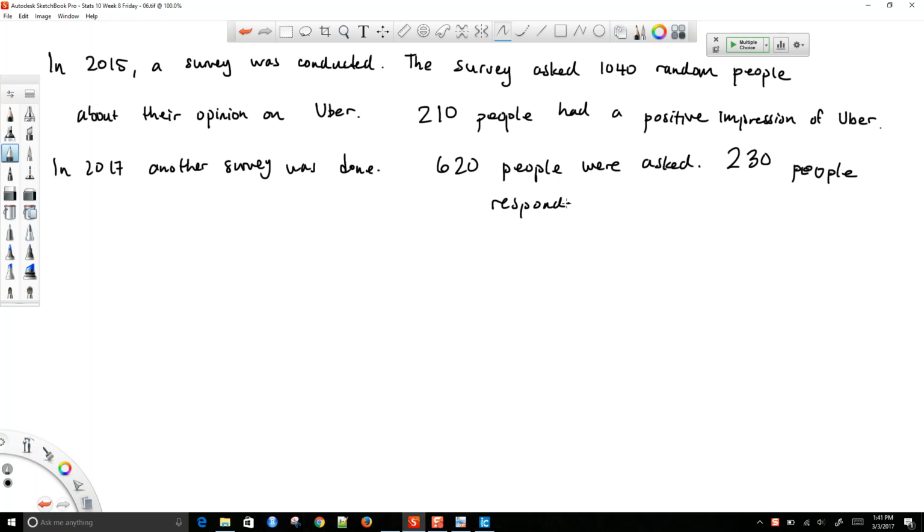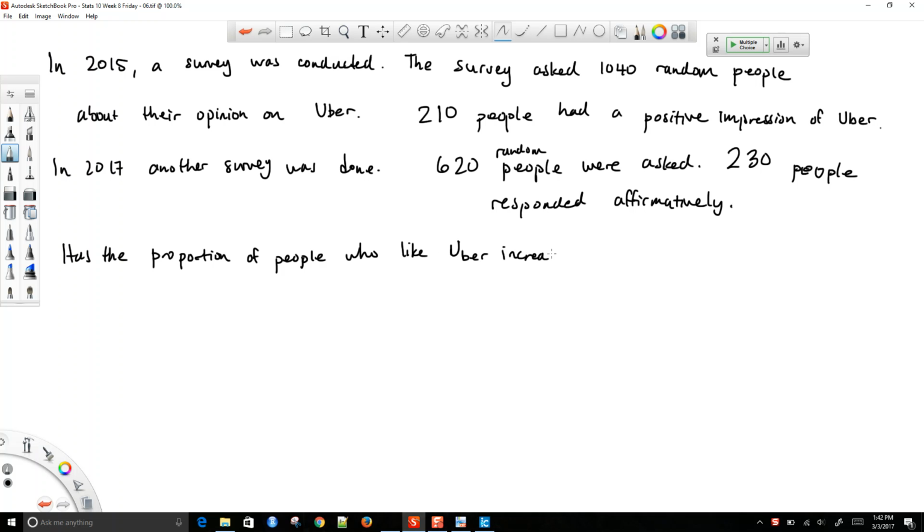Okay. And so we'll say, has the proportion of people who like Uber increased? Okay, so we'll do that.